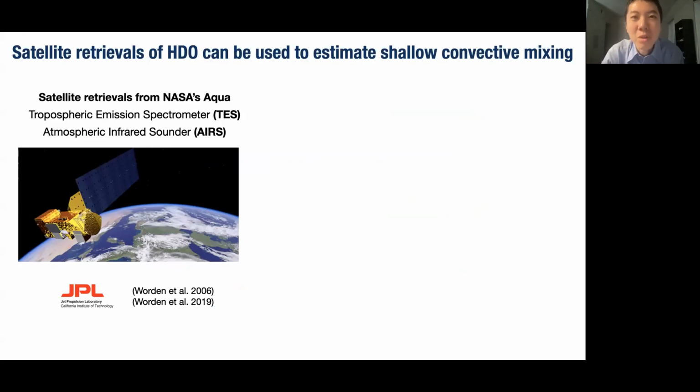We try to find out whether water vapor isotopes can help here. So here we're trying to use the satellite water isotope retrievals to estimate shallow convective mixing.